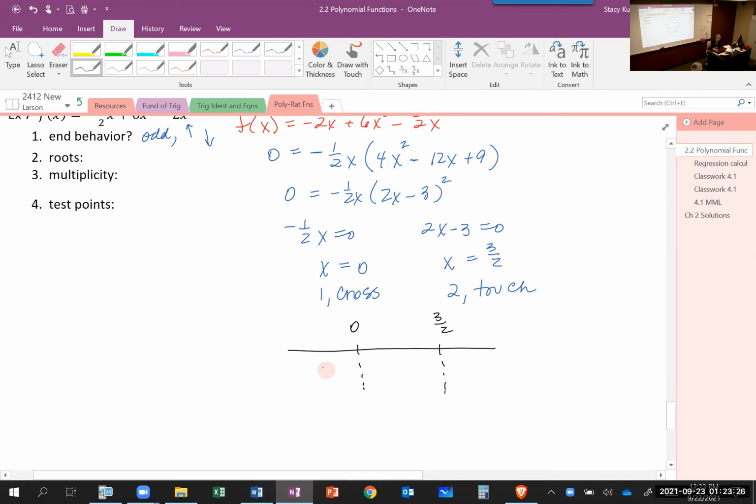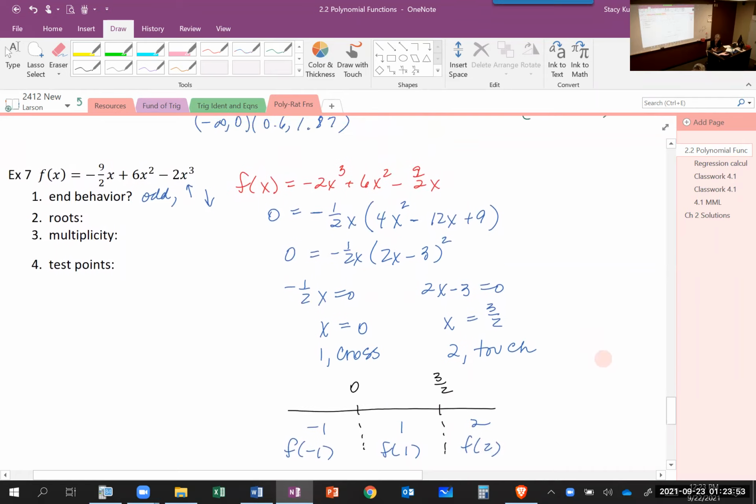Okay. So we said -1. Is that what y'all said? Yeah. And what about in between 0 and 1.5? Yeah, that's a good one. What about to the right of 1.5? And how are we going to find this? Because we have to graph it anyway, right? So we're going to put the function in the graphing calculator.